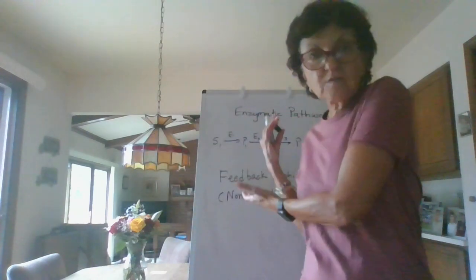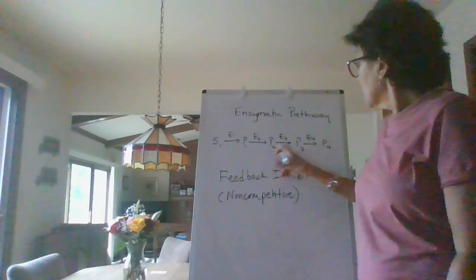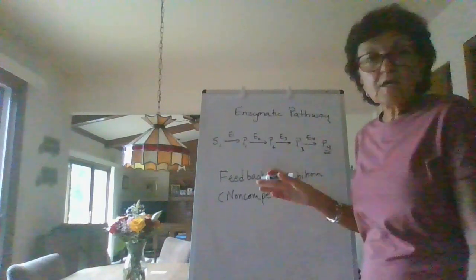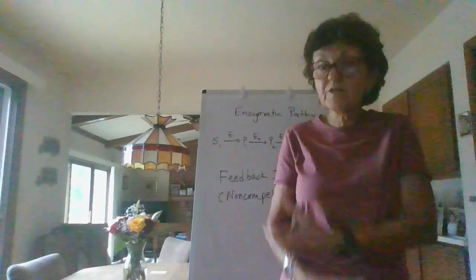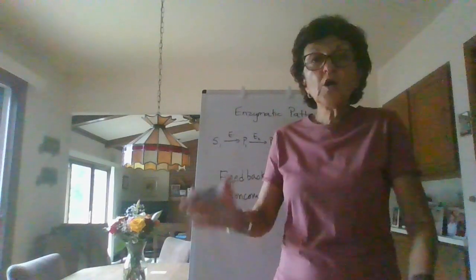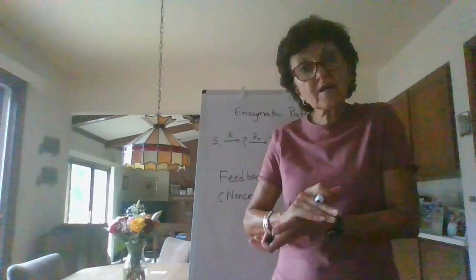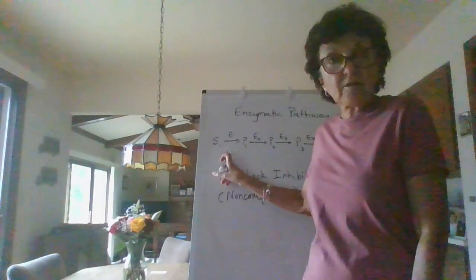So in this little hypothetical over here, let's say we keep making product 4, keep making product 4, we have too much product 4. We don't need any more product 4. We want to stop this pathway. So the trick is to usually stop the first enzyme of the pathway.